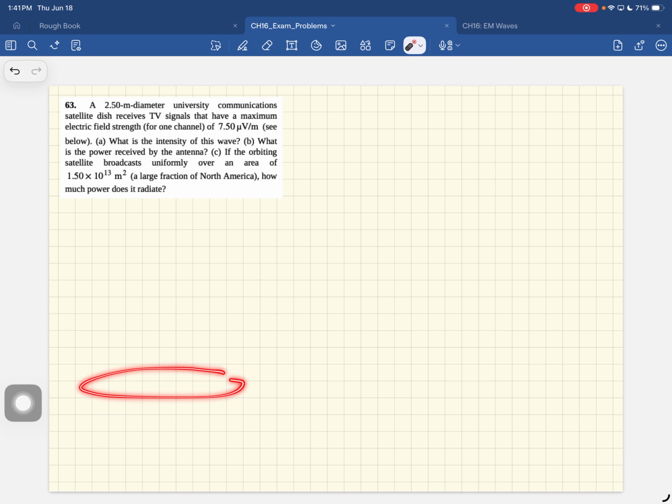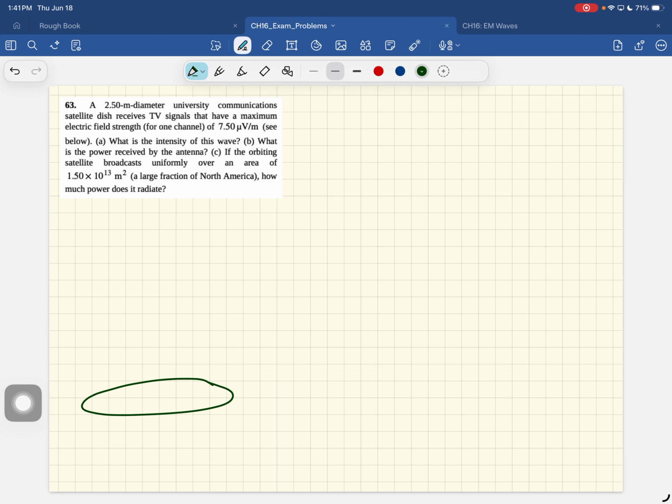So if your instrumentation is a dish, okay, so the electronics, what you're getting is the power, this is per meter squared. Your dish is 2.5 meters diameter. So pi times 2.5 squared.